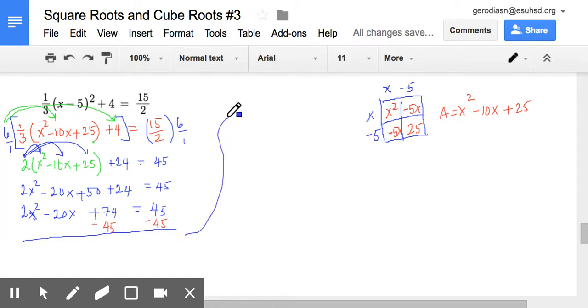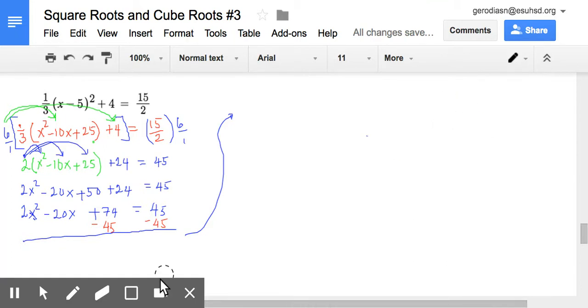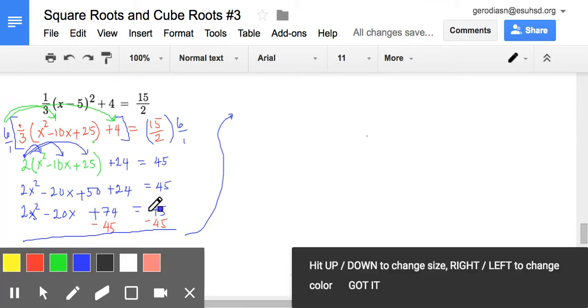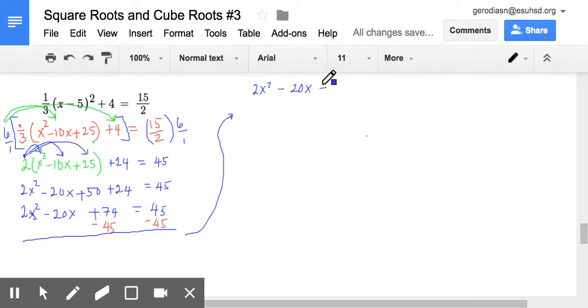Okay, let me put the answer here, and maybe I'll erase this. I'll use this space. So we'll have here 2x squared minus 20x plus 29 equals 0.